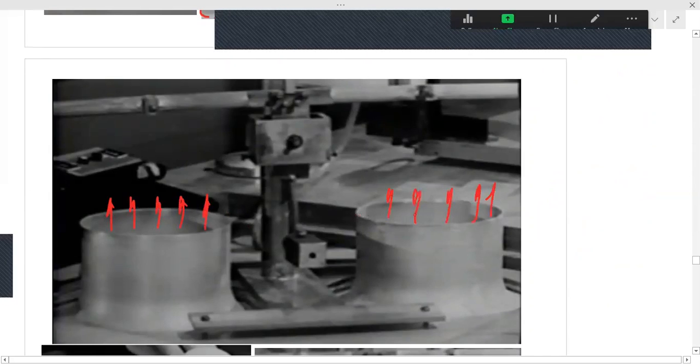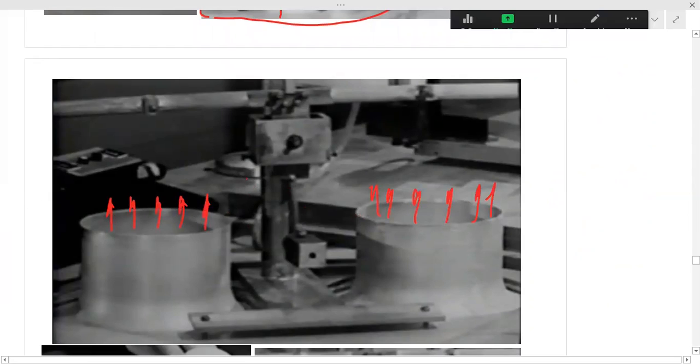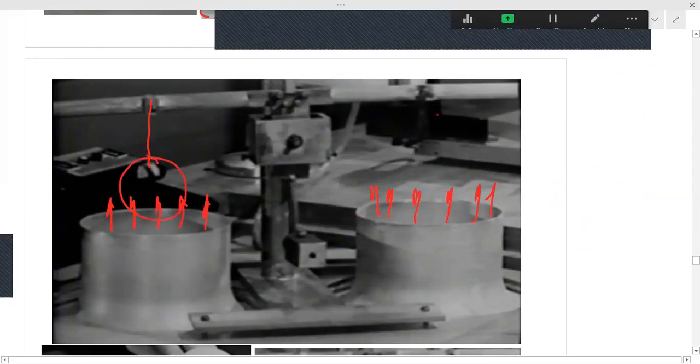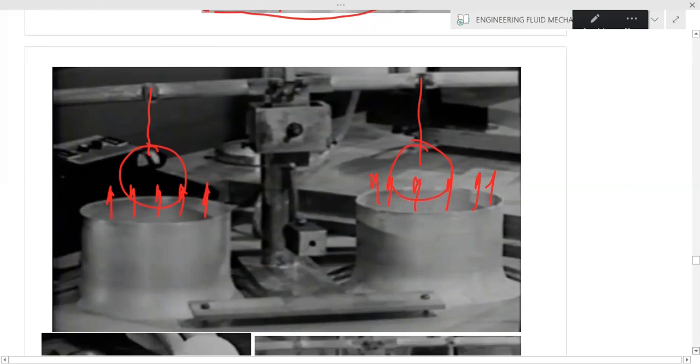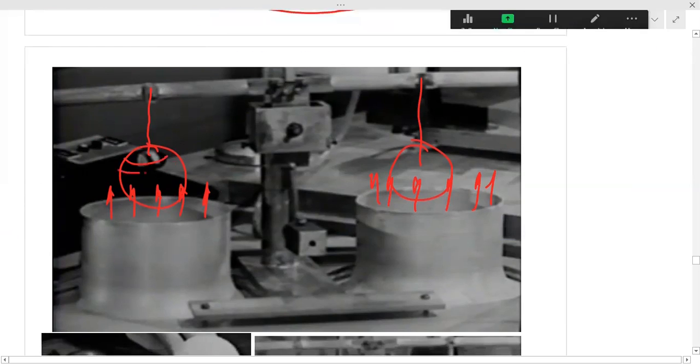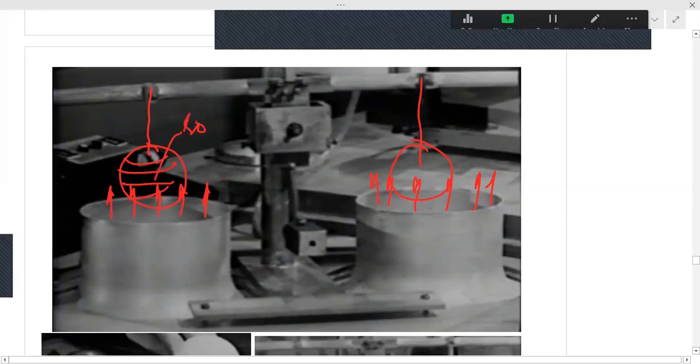Now I am not measuring the drag force, but I will put two different objects here and try to see which object has more drag. In this case, for instance, I have kept the roughened ball here and a smooth ball here.